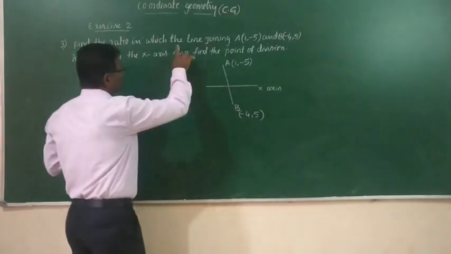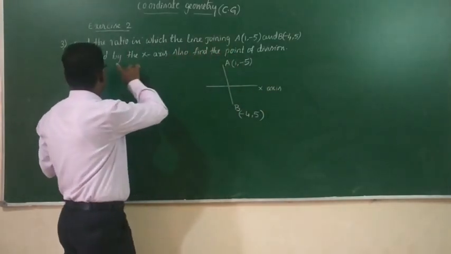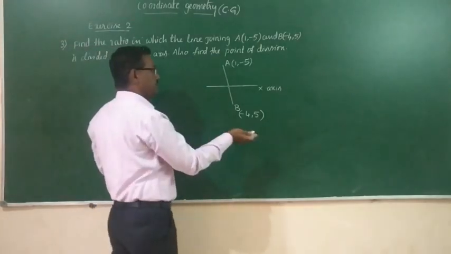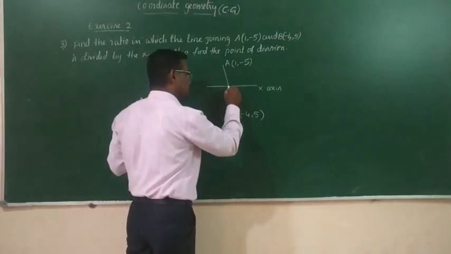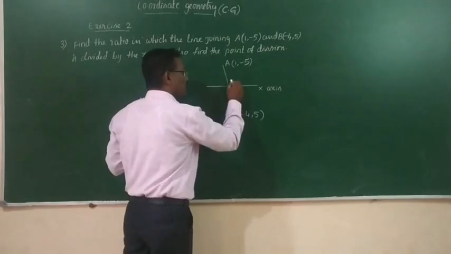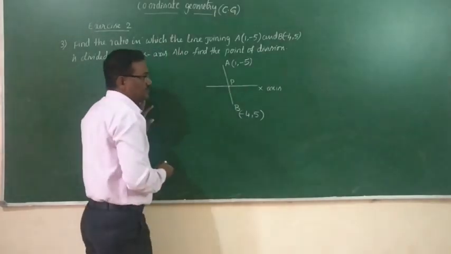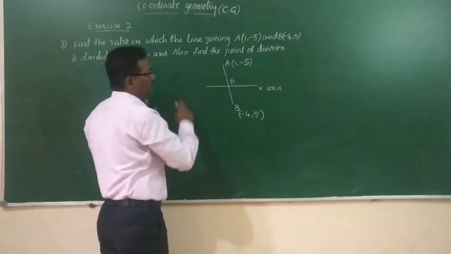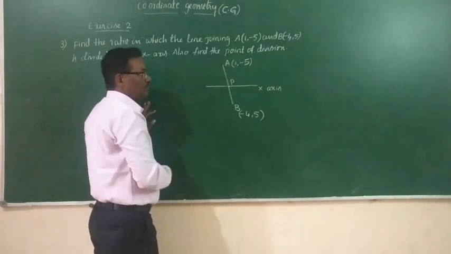So the line joining A and B is divided by the x-axis, which means there is a point on the x-axis. It divides AB in the ratio m:n.